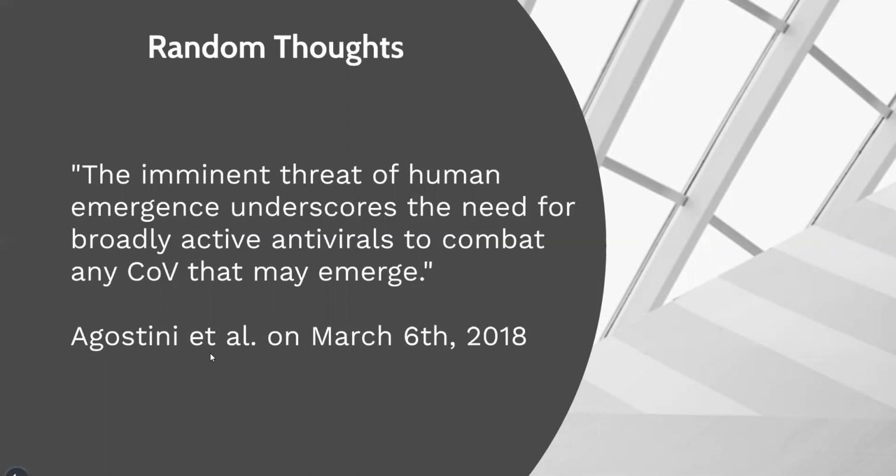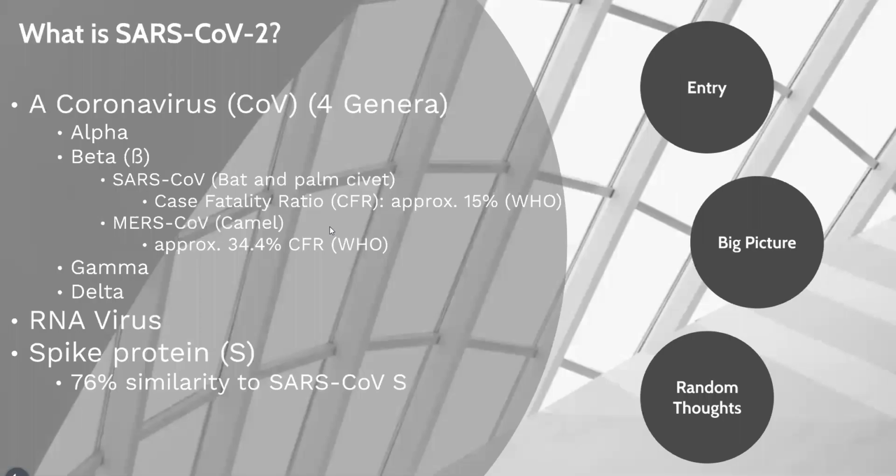And Agostini et al. on March 6, 2008, published a paper in which they said that the imminent threat of human emergence underscores the need for broadly active antivirals to combat any coronavirus that may emerge. So I just really thought that this was an interesting quote. So I wanted to throw it in there.